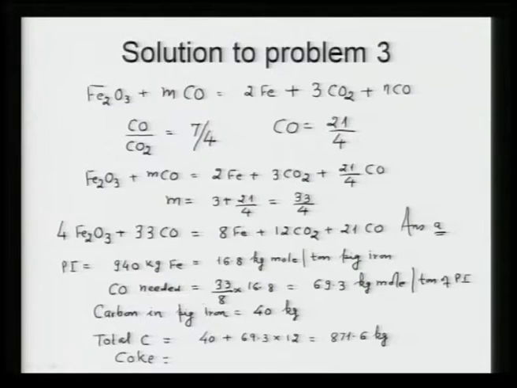Given that coke has 85% carbon, that will be 1025 kg per ton of pig iron.